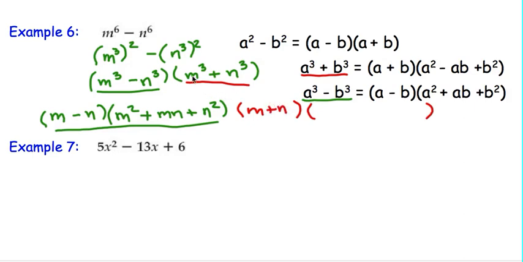And then I'm going to take m squared, and I use the opposite sign, so this time it's minus m times n. This one's always plus n squared. So this is what I get from the second set. And your answer is all of this together.